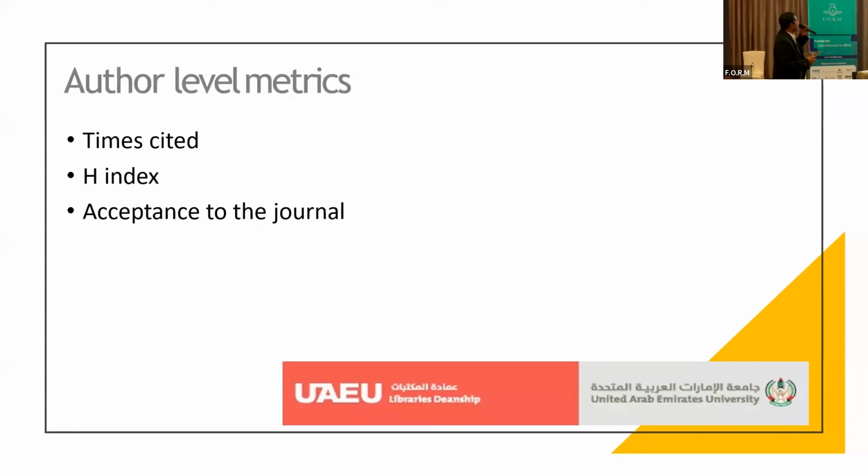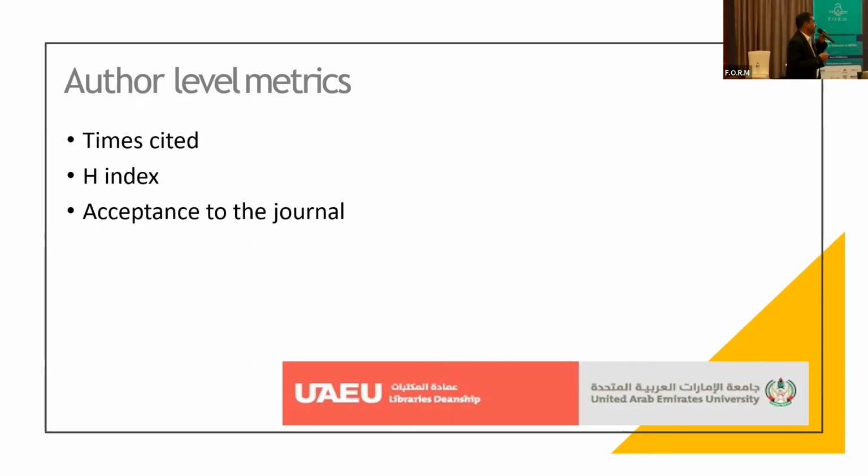And author level metrics, these are the third level of metrics: how important the author is in the field in terms of quality. If an author produces highly cited articles, he is considered one of the pioneers, right? The h-index, you might know because you all have a library background.